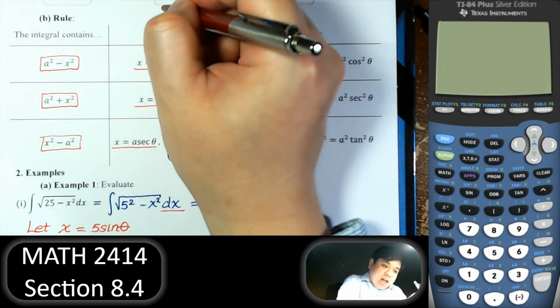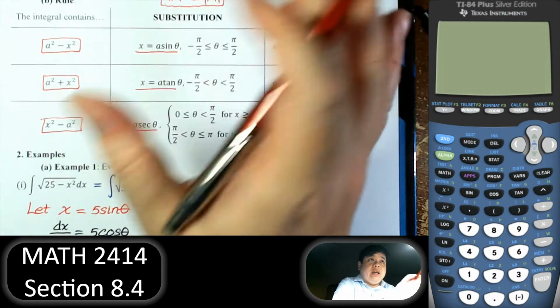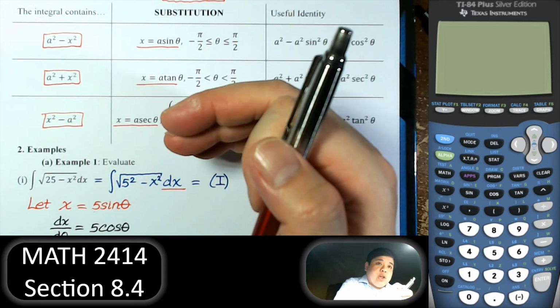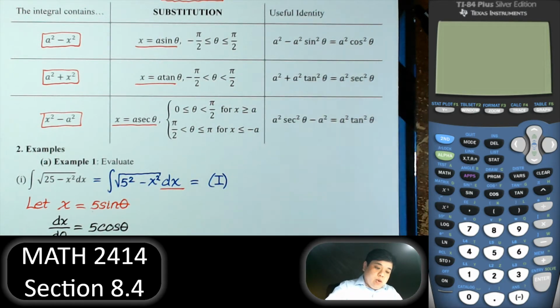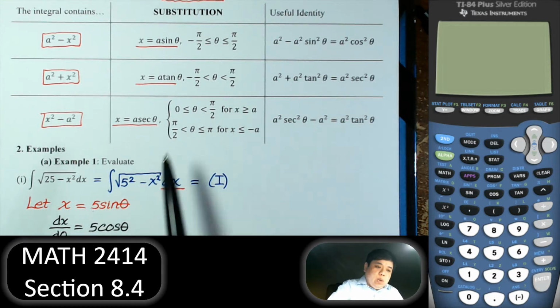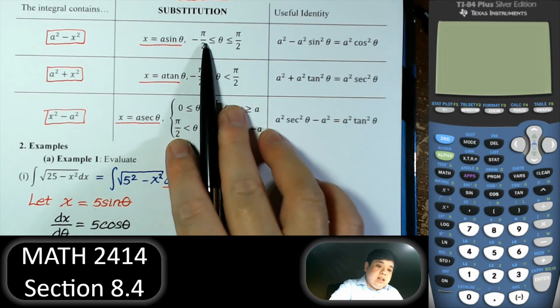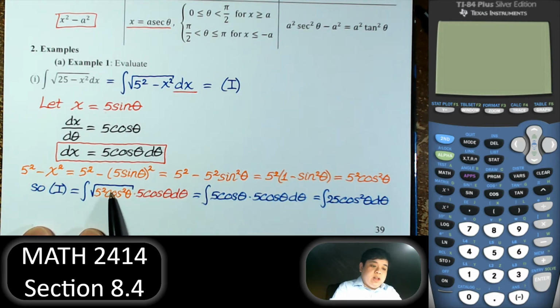So just keep that in mind, that in general, the square root of a square is the absolute value. So if theta is between negative pi over 2 and 0, this could be negative, but the cosine is going to be positive, right? So let's write this out. When we make this substitution, we assume that theta is in quadrant 4 and quadrant 1.